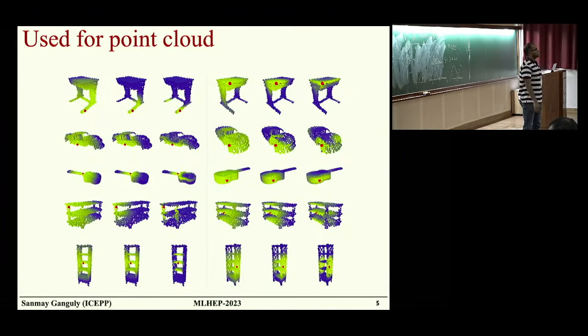So this is like in a point cloud, they were trying to interpret, given a target node, which information was used, and that's how they built the color coding.